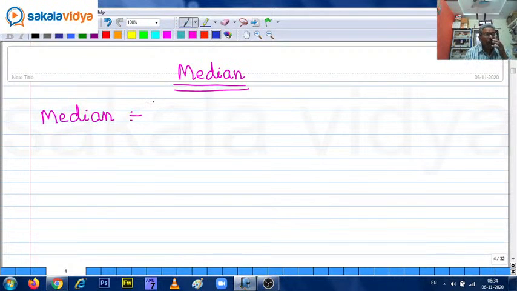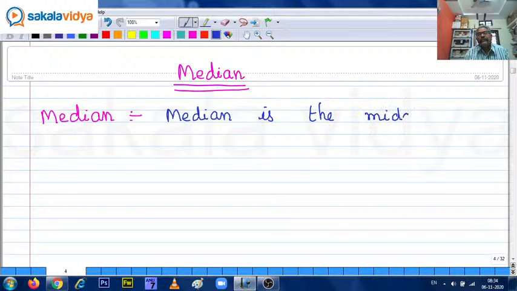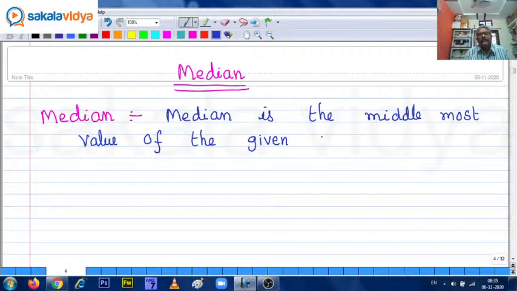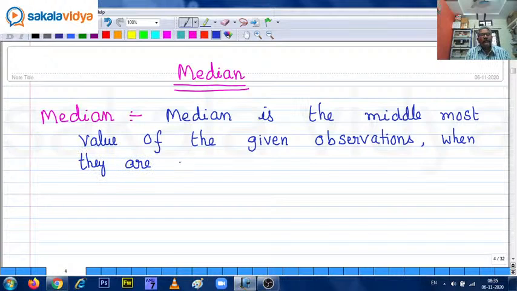Median is the middlemost value of the given observations when they are in ascending or descending order.